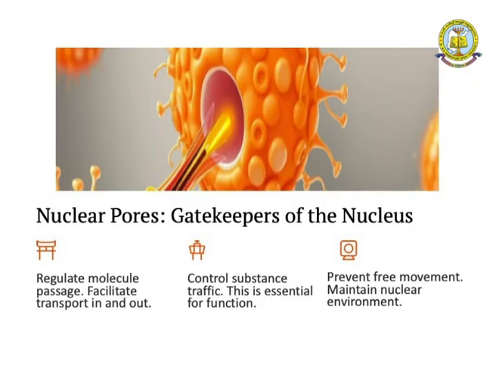Okay, nucleoplasm. And the next one is the nucleolus. Actually, nuclear pores are the gatekeepers of the nucleus, regulating the passage of molecules and facilitating transport inside and outside. Next, they control substances and the traffic, exchanging essential particles, which is essential for the function of the nucleus.